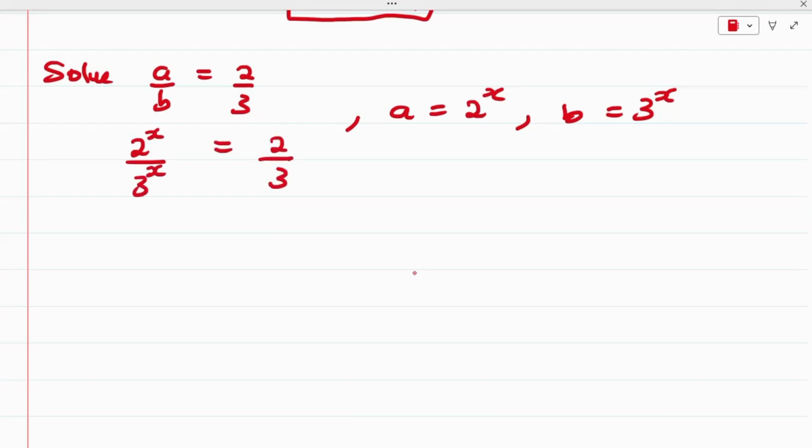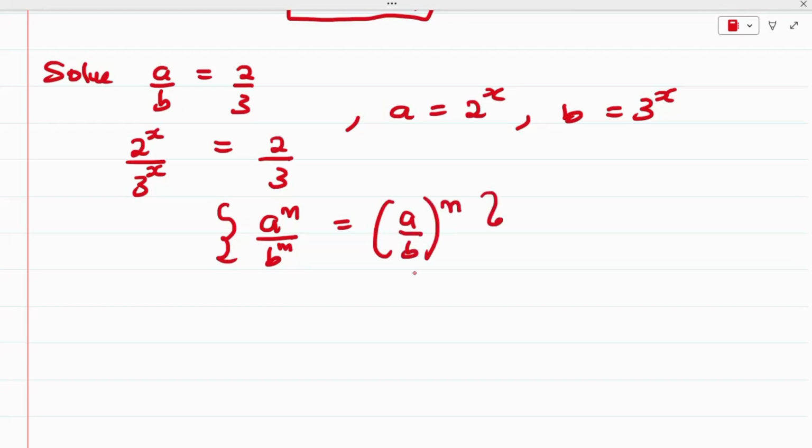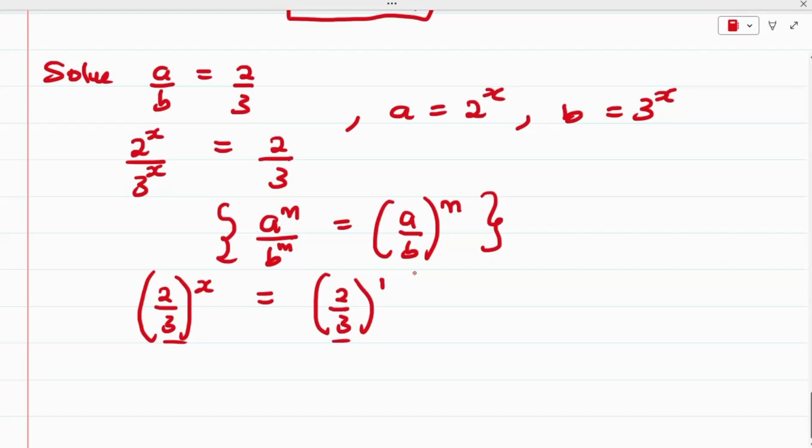Alright, we want to simply apply this property that says if we have a raised to the power of m divide b raised to the power of m, this is equals to a over b all raised to the power of m. So applying this, we have 2 over 3 all raised to the power of x is equals to 2 over 3 all raised to the power of 1. Now, since the bases are the same, all we have to do is to equate the power. So we have that x is equals to 1.